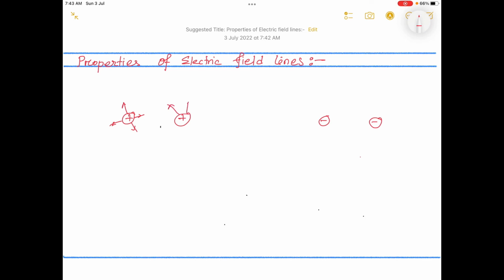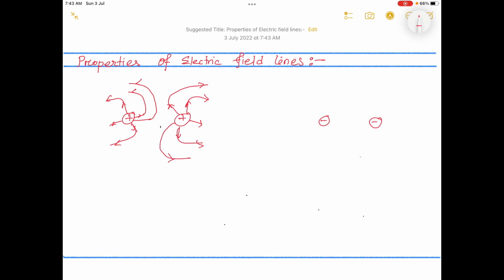As these two are like charges, the lines which are going towards the other charge will be deflected like this.